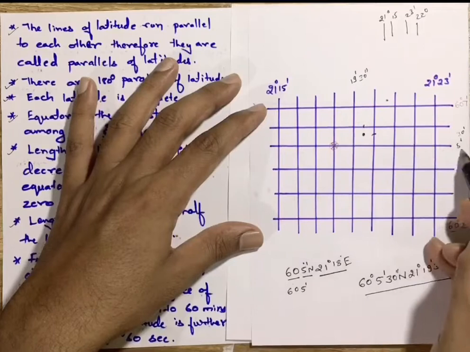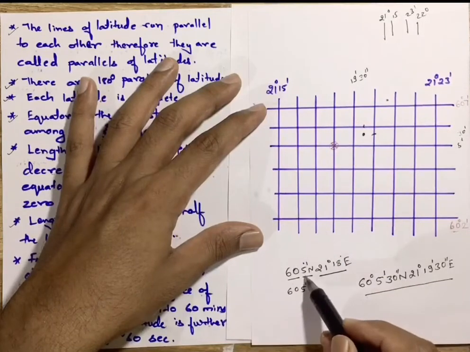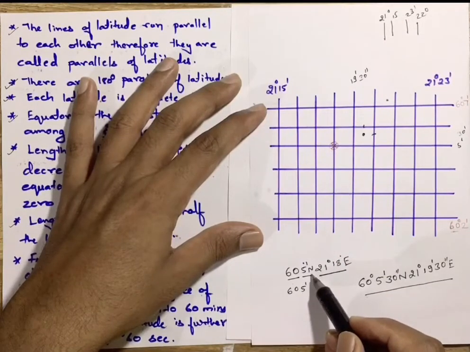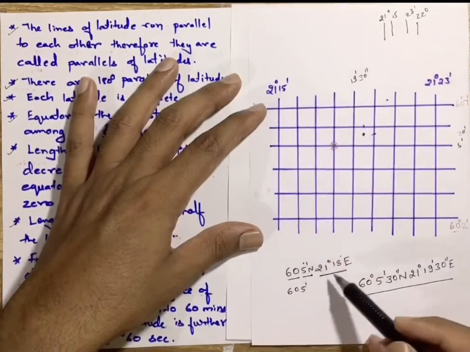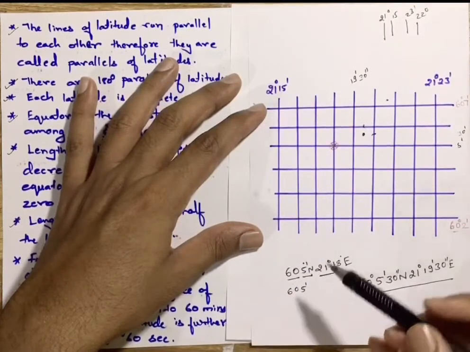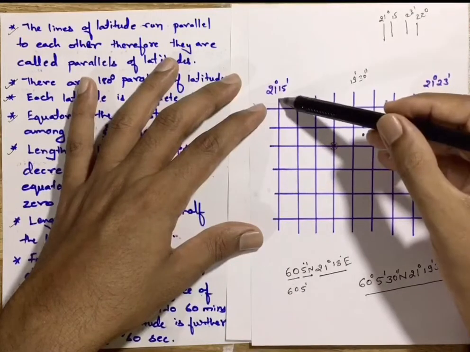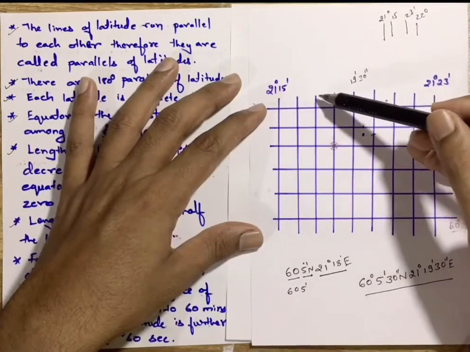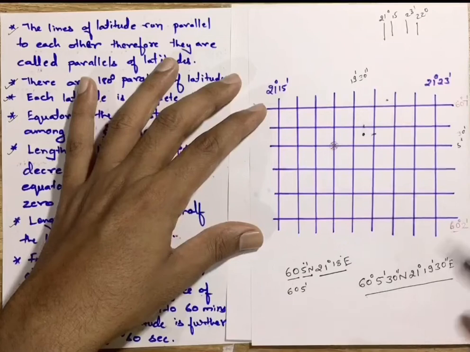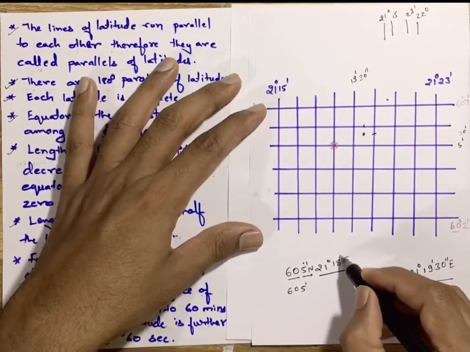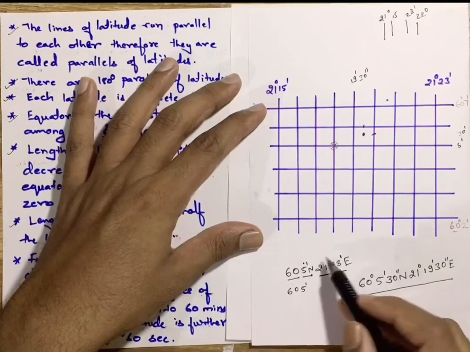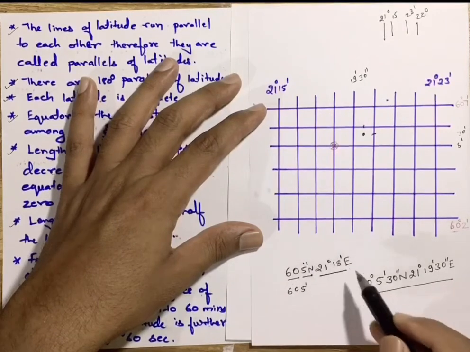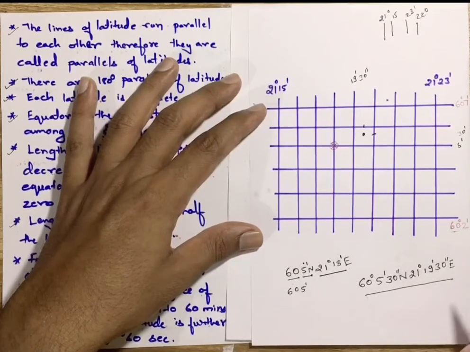It is lying on the 5-minute line, so I have written 5 minutes north, right? Then 21 degree, you can see over here I have written, and then this is the 15-minute line, right? 16, 17 and 18 minutes. So you can see over here it is 18 minutes east. So this is how we locate places on the earth.